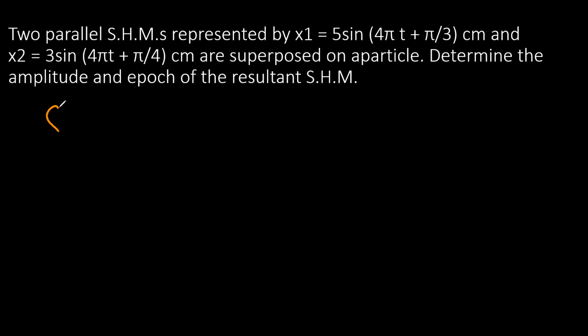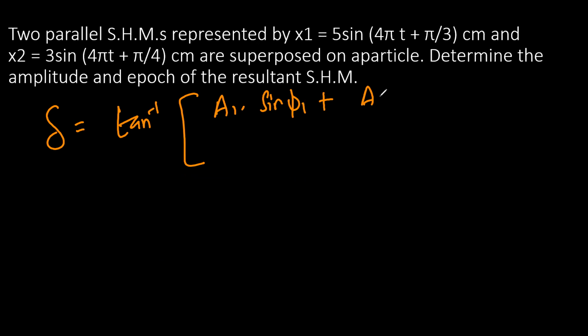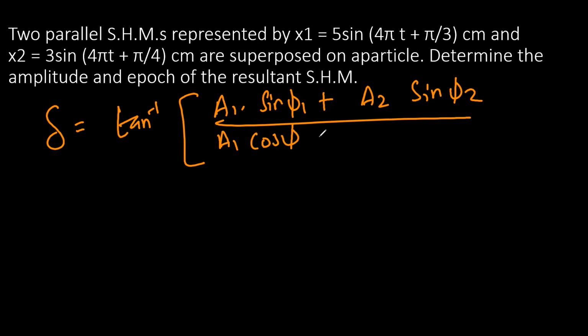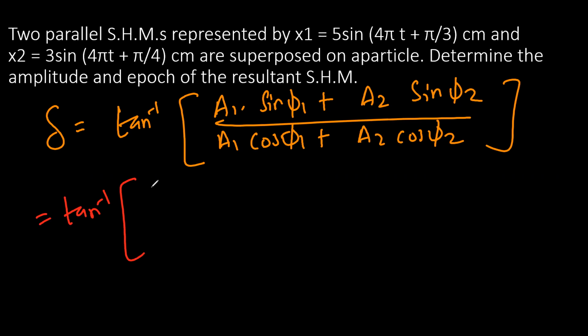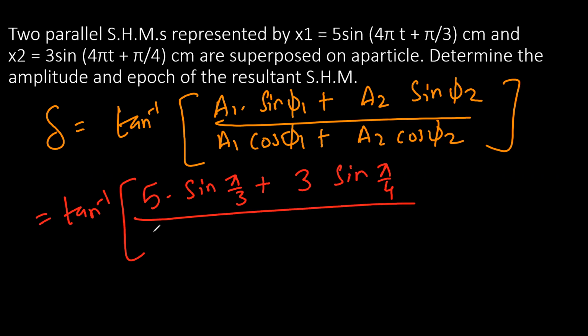Let's go for the second one. This epoch, or we can say phase, is tan inverse of A1 sin phi 1 plus A2 sin phi 2 divided by A1 cos phi 1 plus A2 cos phi 2. You can say it requires a log table. So what is this one? 5 sin pi by 3 plus 3 sin pi by 4, then 5 cos pi by 3 plus 3 cos pi by 4.